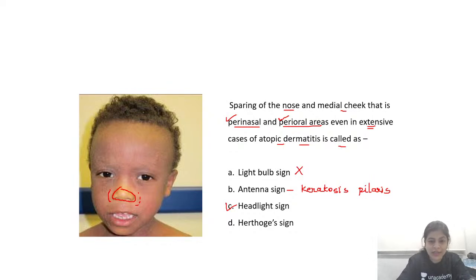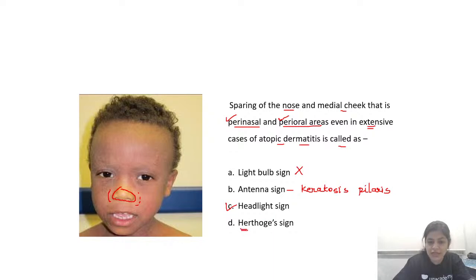It gives rise to that kind of a strawberry skin kind of an appearance. And if you see very minutely, you will see a kind of a follicular excrescence which is jutting out. Okay, so that looks like an antenna, so that is called as an antenna sign, which is seen in keratosis pilaris, which is a minor manifestation or minor criterion for the diagnosis of atopic dermatitis.